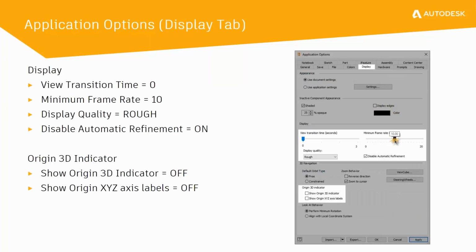On the Display tab, we want to make a few changes here. We want to set the view transition time to 0. By default, it's probably set around 1 or 2 seconds. This controls the amount of time that it takes to transition between views. So if you're switching to an isometric view, or you're going zoom all or zoom area or view face, it will slowly or gradually transition between your existing position to that new position you want to move to.